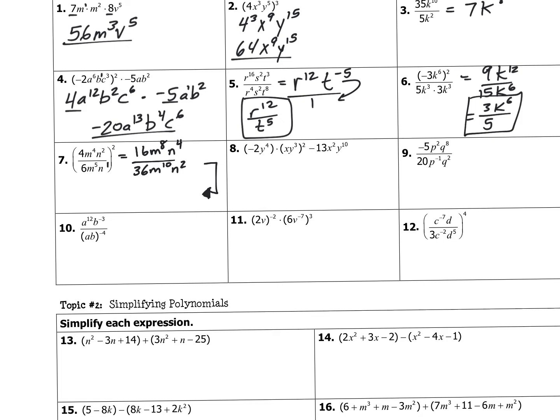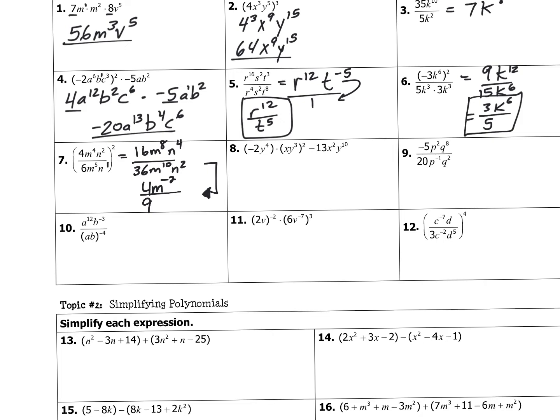So 16 divided by 36 will simplify. Let's see, 8 divided by 18, 4 divided by 9. Okay, just dividing by 2 to get it to simplest form. M to the 8th divided by m to the 10th, that's 8 minus 10, which is m to the negative 2. Now, I could have written that in the denominator and just gotten rid of the negative, but I wanted you to see it first.